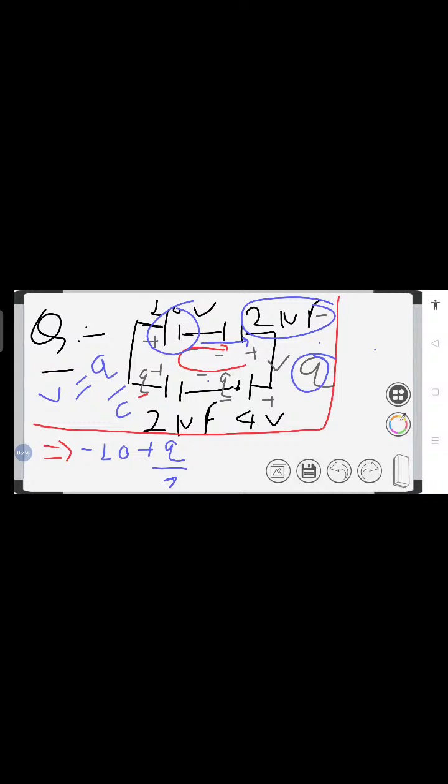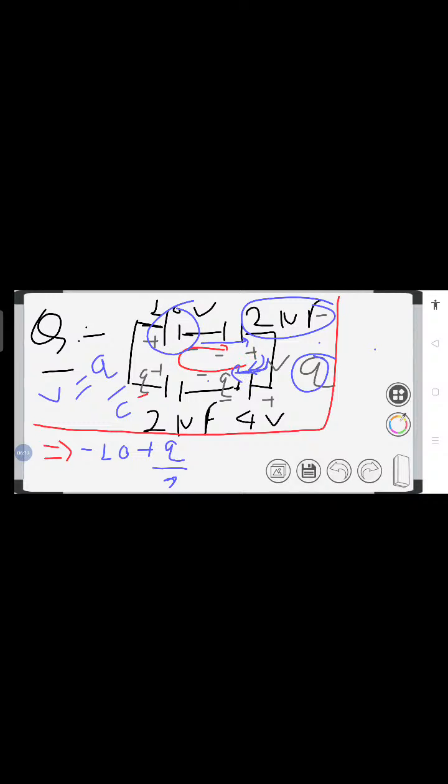Now we will come through this one, it will be minus, because current is going from positive to negative terminal.